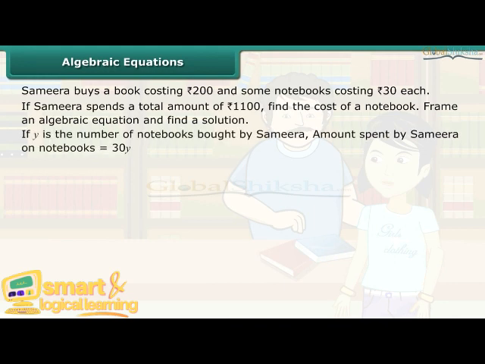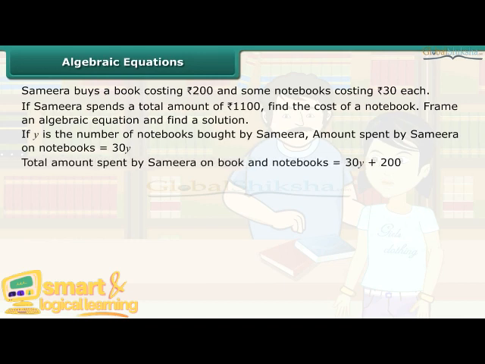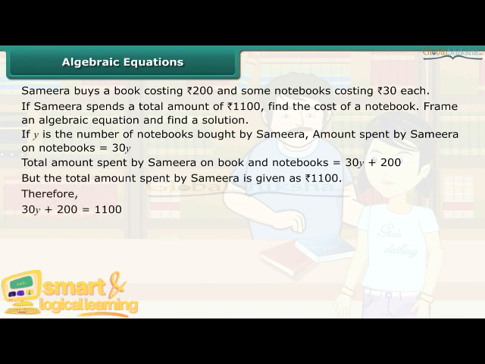If Y is the number of notebooks bought by Samira, amount spent by Samira on notebooks is equal to 30Y. Total amount spent by Samira on book and notebooks is equal to 30Y plus 200, but the total amount spent by Samira is given as 1100 rupees. Therefore, 30Y plus 200 is equal to 1100. 1100 rupees includes the cost of the book.